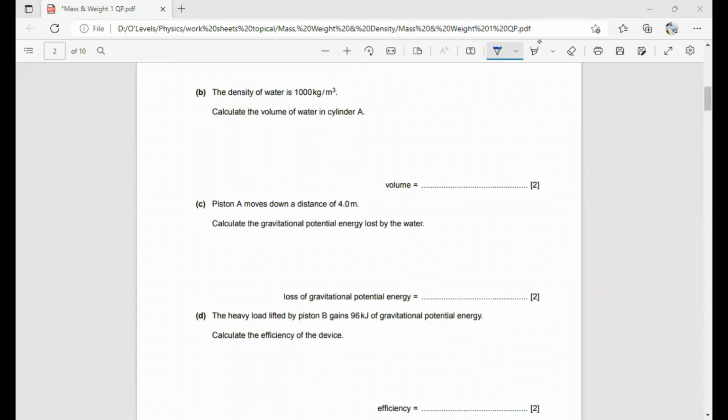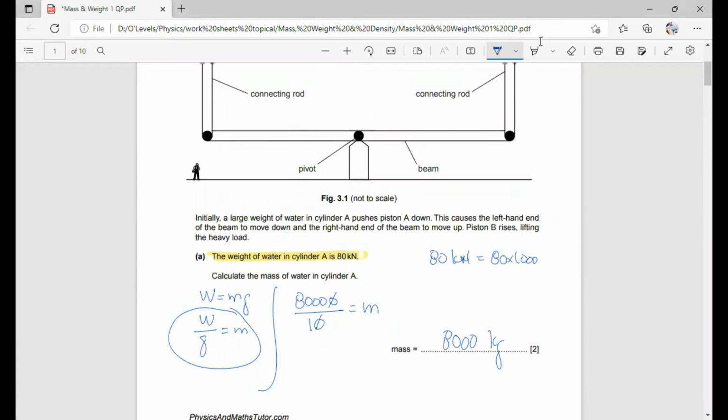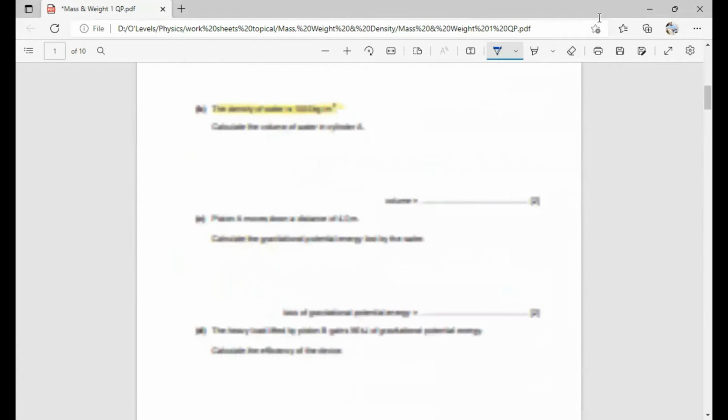Now calculate the volume of water in cylinder A if the density is 1000 kilogram per meter cube. So the density formula we know, that is mass upon volume, right? We have density, and we have mass from the previous part, that is 8,000 kilogram.